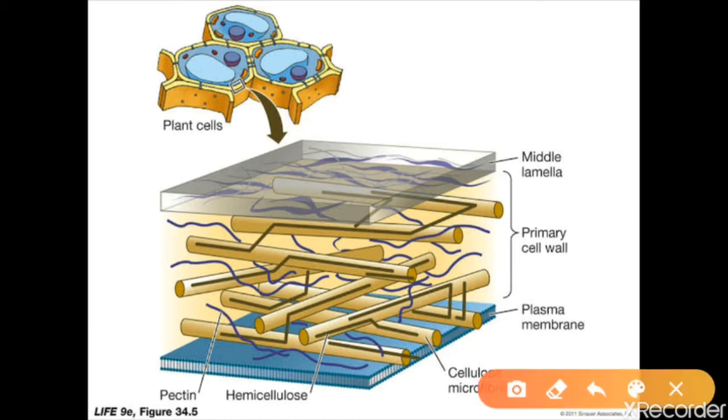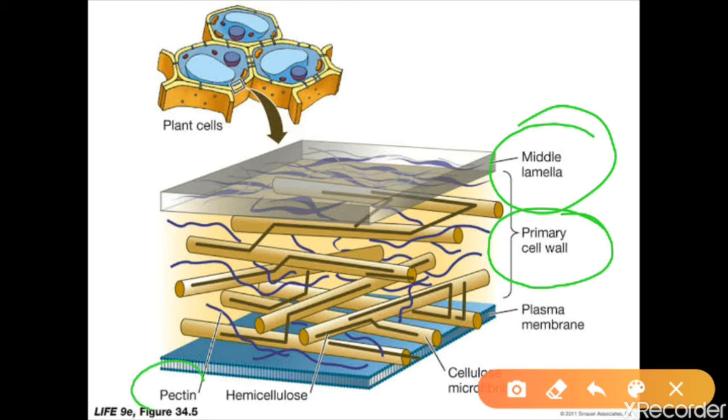So first thing, they are having the middle lamella. Second thing, the primary cell wall. Here it contains pectin, hemicellulose, and cellulose microfibrils. So that means the outer part of the cell wall is made up of the middle lamella, and after that in the middle part, that is the matrix part, we are having the primary cell wall.